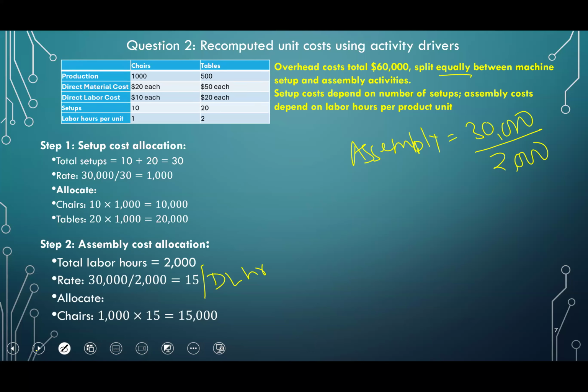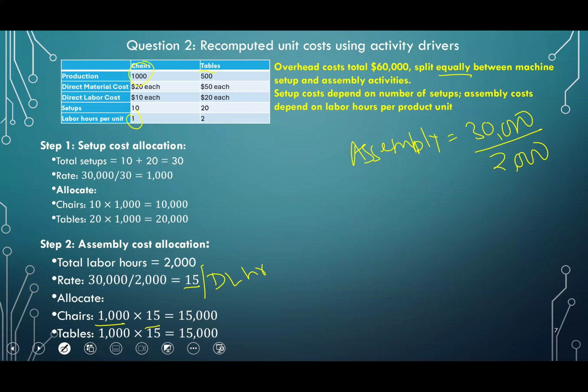Okay. For chairs, because I have used, remember, 1000 chairs, each chair using 1 hour. So 1000 hours allocated at $15 per hour. Similarly, for tables, 1000 hours, okay.